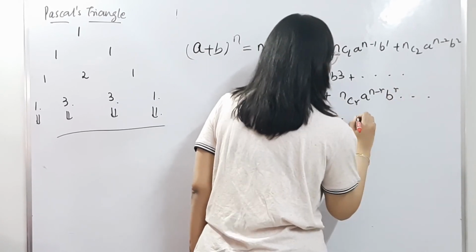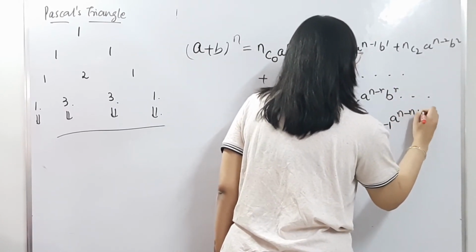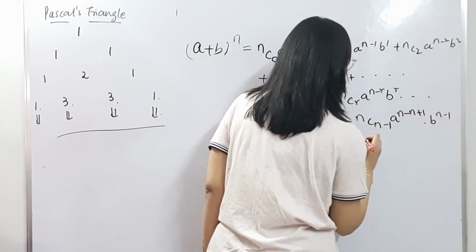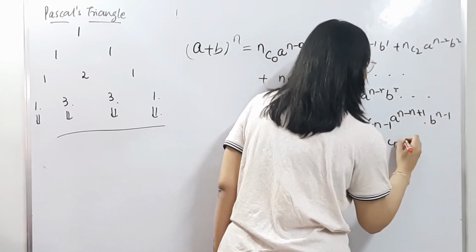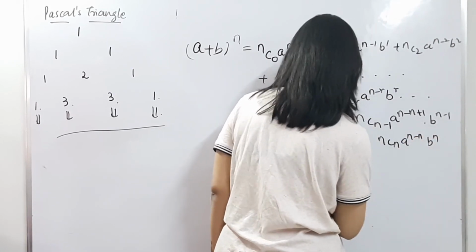Again you can say nC(n minus 1) a power of n minus n plus 1 into b power of n minus 1, plus nCn into a power of n minus n and b power of n.